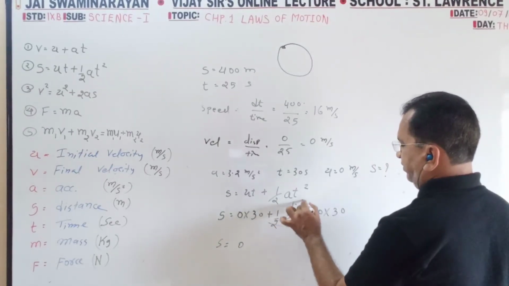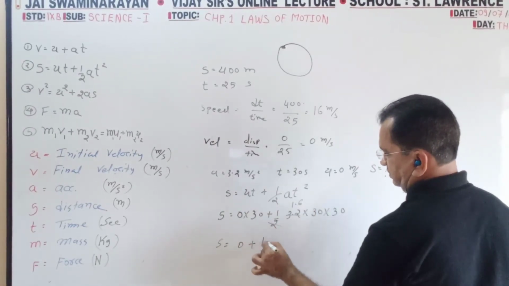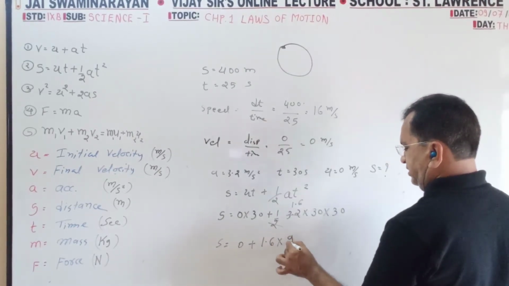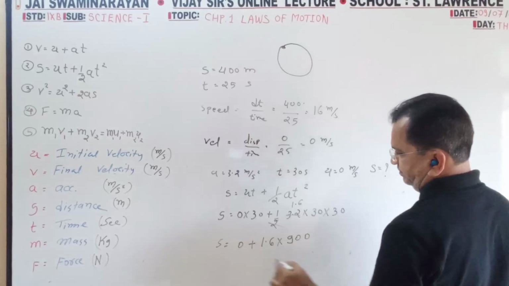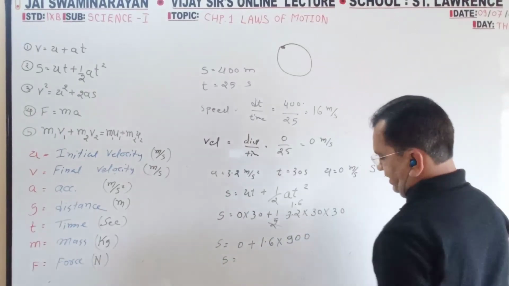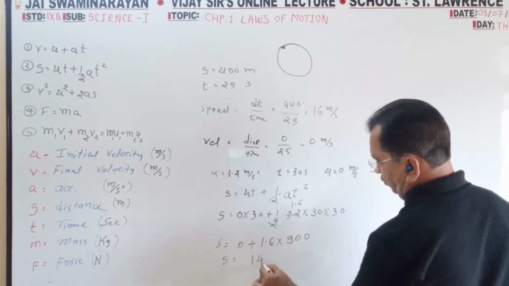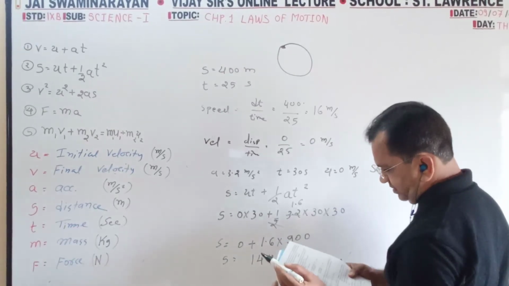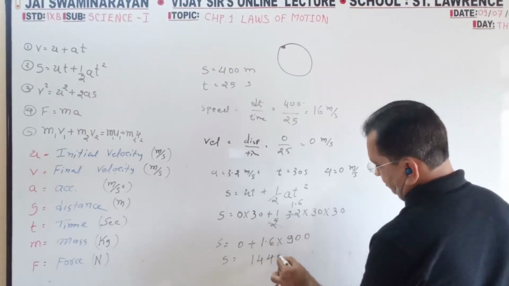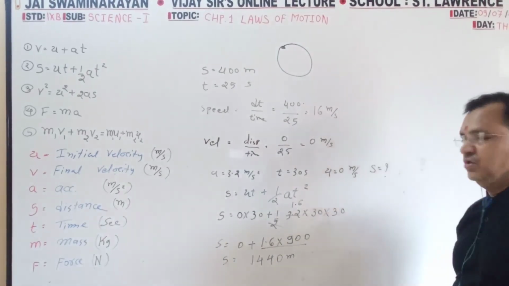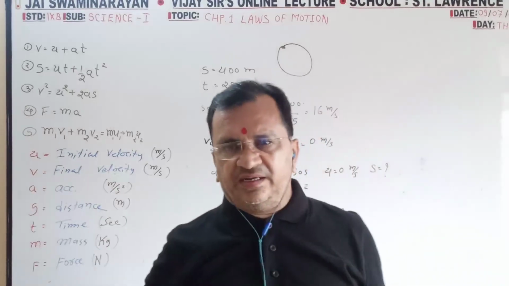Make it half, 1.6. 30 times 30 is 900. S is equal to the product, 1440 meter.